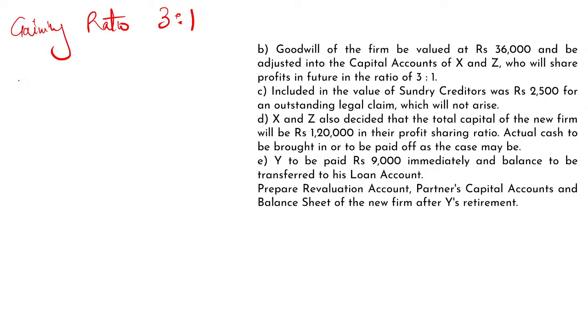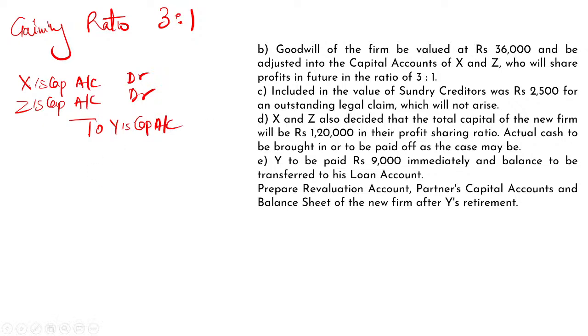The journal entry is: continuing partners' capital accounts debit, X capital account debit, Z capital account debit, to retiring partner Y's capital account. First of all, in 36,000, you will find out the share of the retiring partner. So 36,000 multiplied by 2/6.